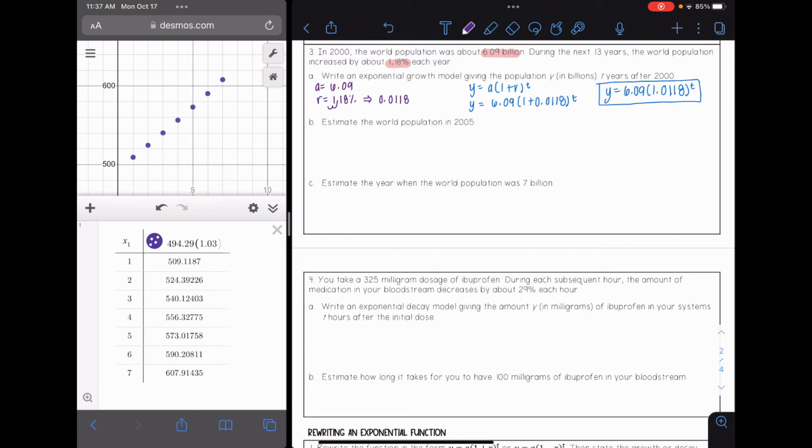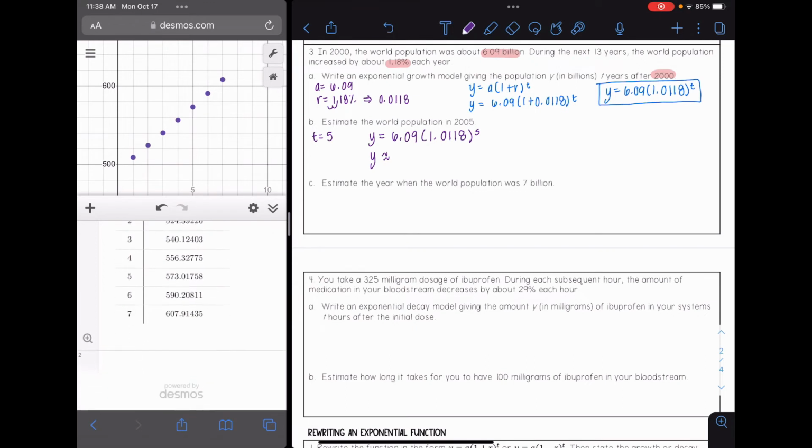Okay, part B says to estimate the world population in 2005. So I'm looking to see how many years have passed. Well, this is starting at the year 2000. So in 2005, that means 5 years have passed. So t is equal to 5. So plugging that in for t, I have y is equal to 6.09 times 1.0118 raised to the 5th power.